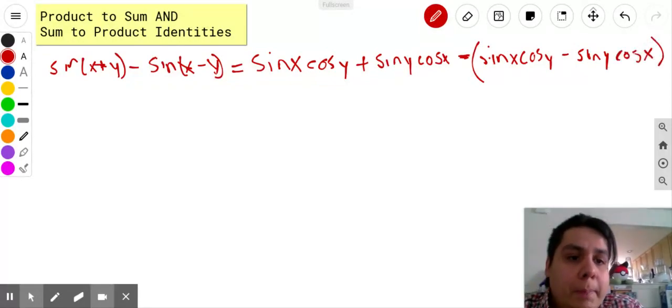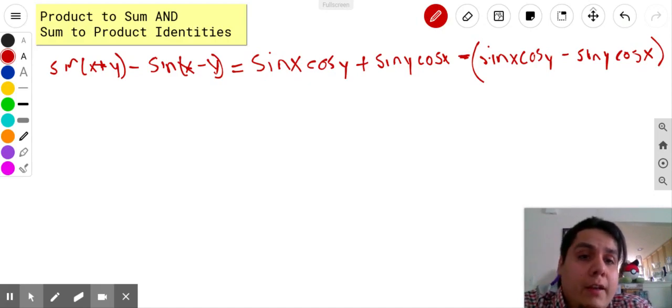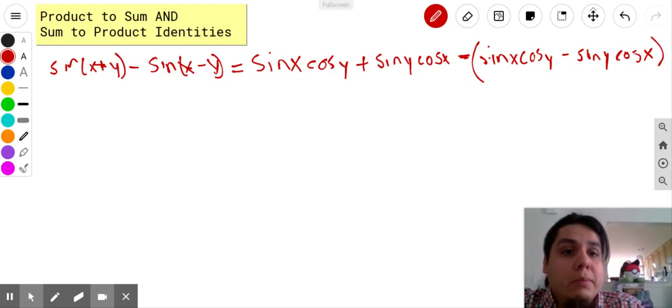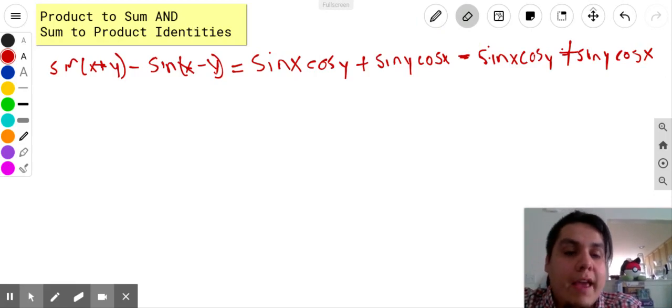Okay, so using the sum and difference identities, this is what I should get. Now if you notice, I'm subtracting. So that means that this is actually going to act as a plus, while this one over here is going to act as a minus, if I distribute that negative into that second set of parentheses.